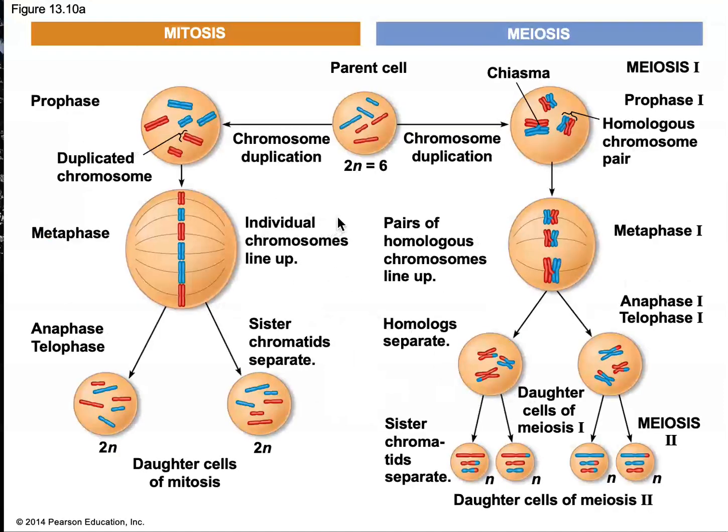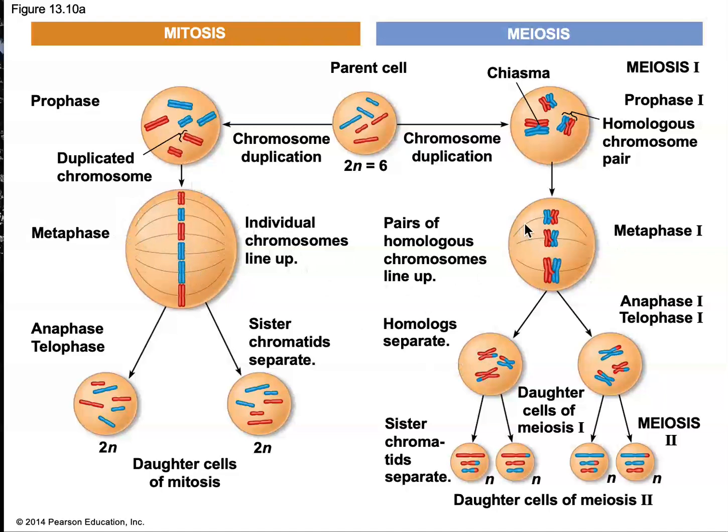Okay, so some other differences between mitosis and meiosis is, again, mitosis only has 1 round of cell division, only 1 round of dividing up the chromosomes. And basically, meiosis 2 is what's most similar to mitosis.